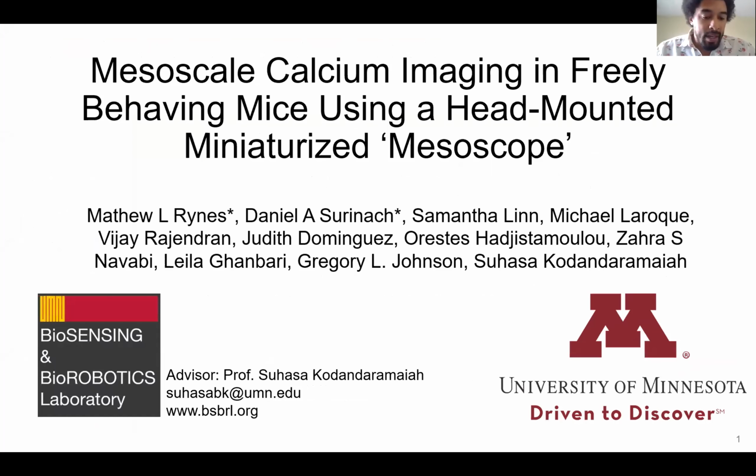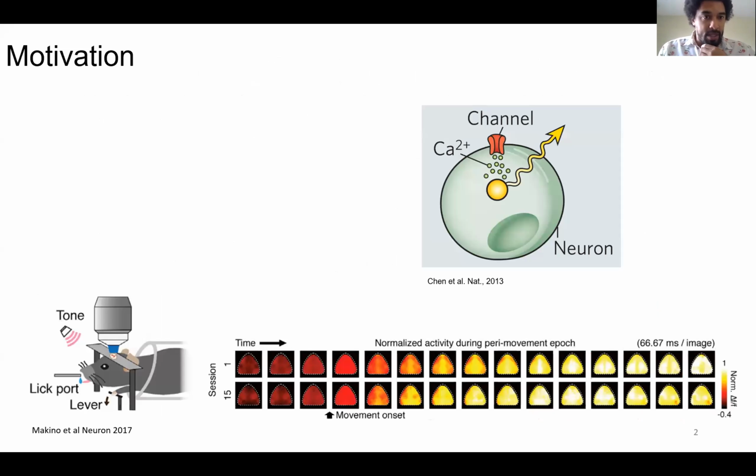Okay, so just to begin, here's what I'll be talking about: technologies we've developed to enable mesoscale functional calcium imaging in freely behaving mice using a head-mounted microscope. Before I begin, I would like to give some motivation and background as to why we are developing this technology.